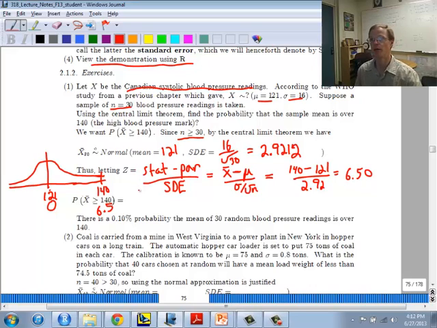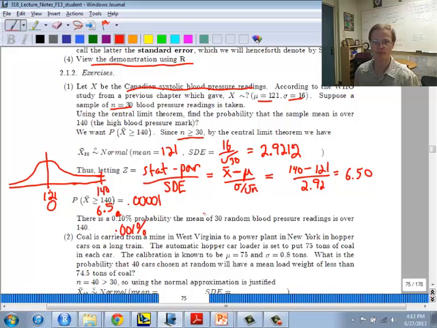So let's go ahead and put that 0.00001. We should put a 0.001% probability that this would happen.